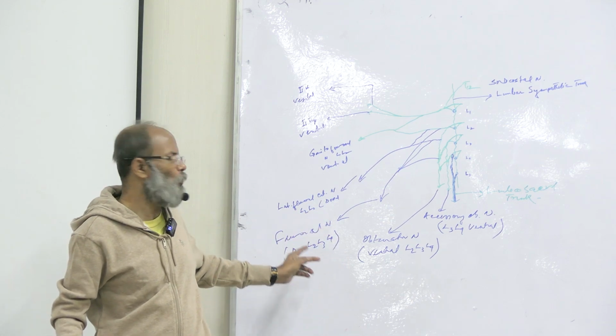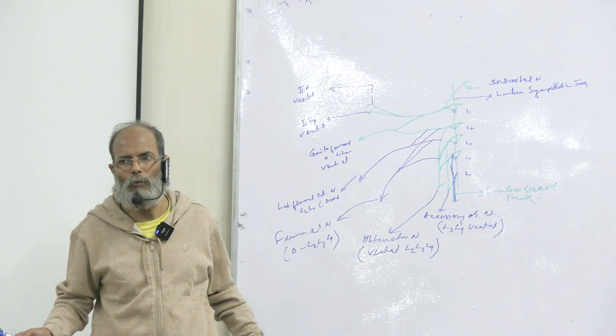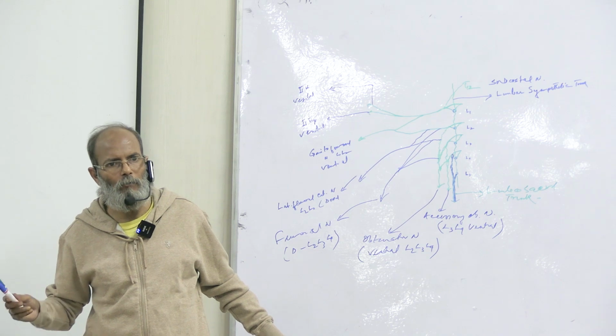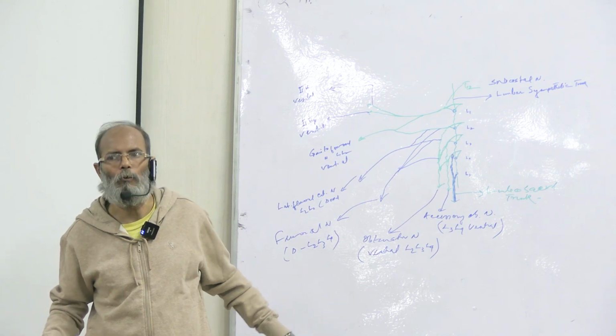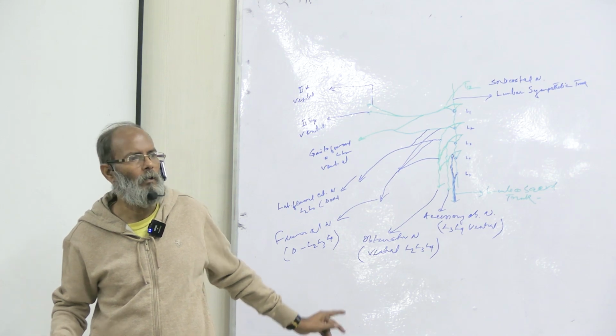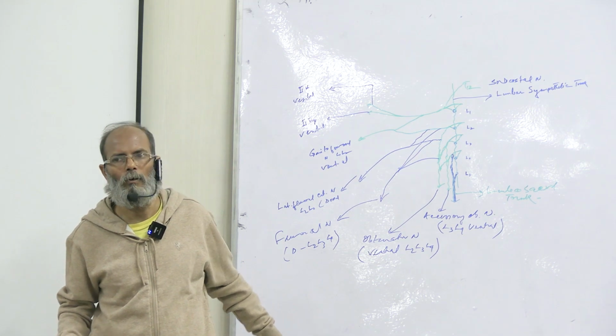And for femoral nerve, it is L2, L3, L4. And for the obturator nerve, it will be ventral branches of the ventral rami of L2, L3, L4.